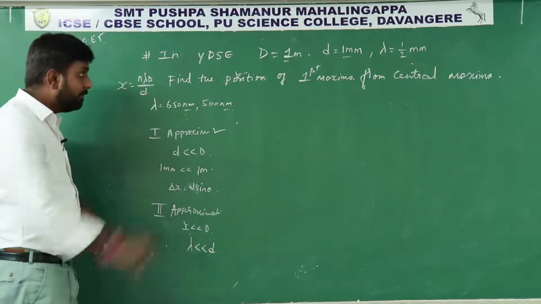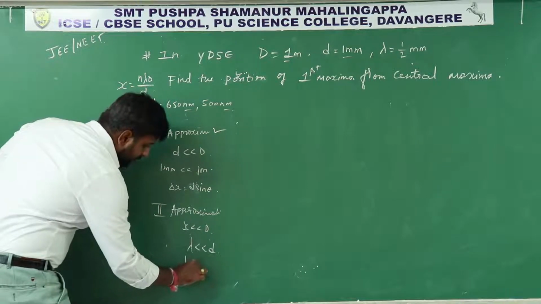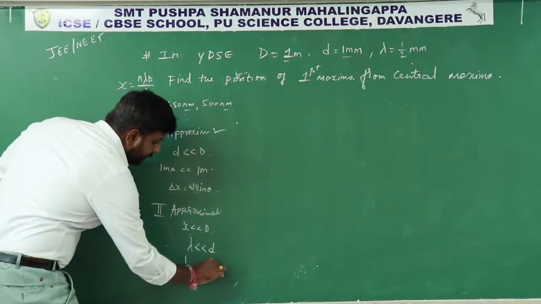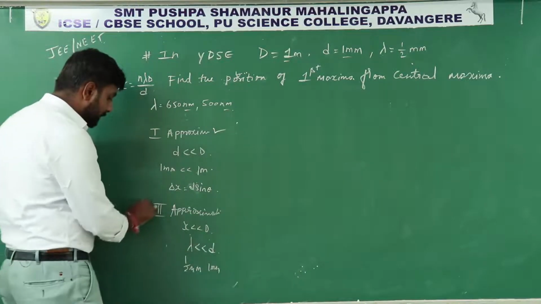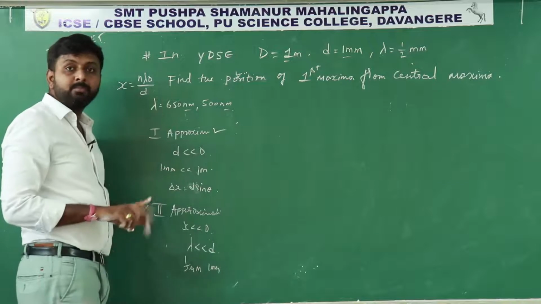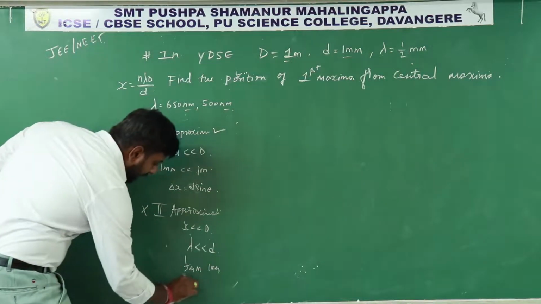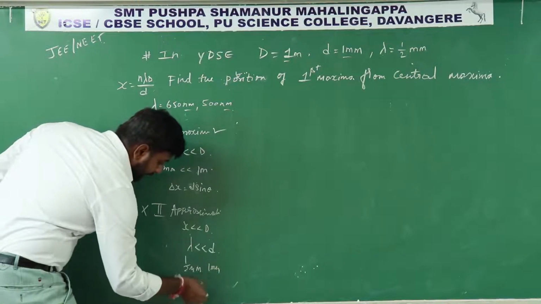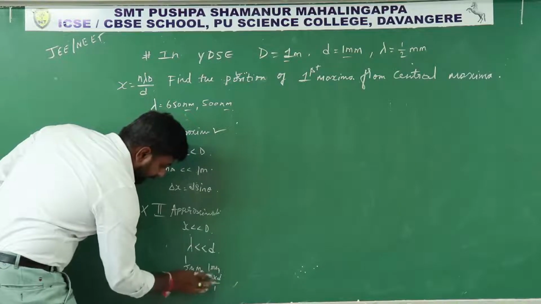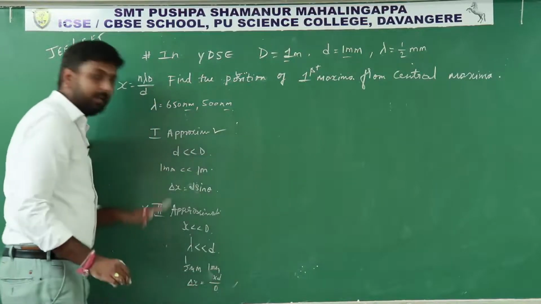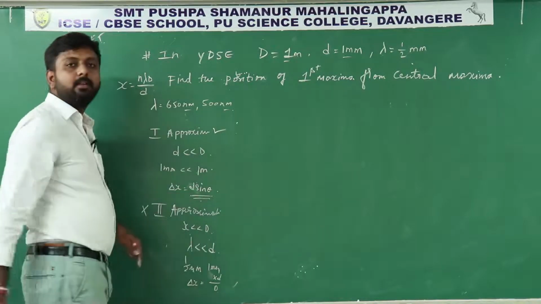But in this problem, lambda is half millimeter, small d is 1 millimeter. It is not too much smaller. Then the second approximation, in this problem only, is not valid. It is not valid means our path difference is not delta x equals xd divided by capital D. Our path difference is only d sin theta.